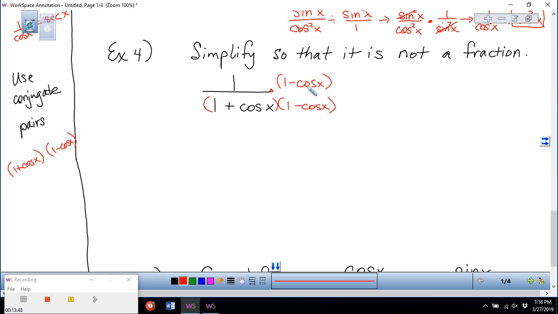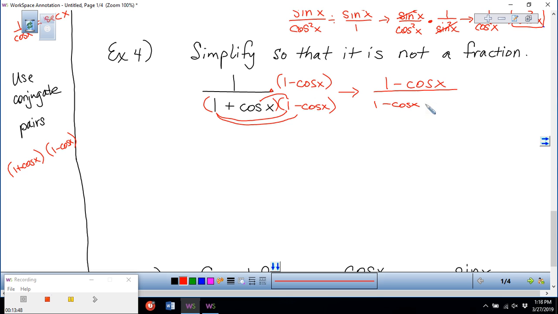Now when I multiply by 1, I get the same thing. So in the numerator I have 1 minus cosine of x. We're going to be dividing that by the multiplication, the FOIL of 1 plus cosine of x times 1 minus cosine of x. So very quickly, if I do the FOIL, 1 times 1 is 1. 1 times the minus cosine of x gives me minus cosine of x.